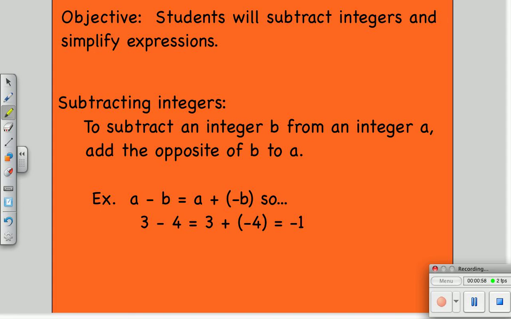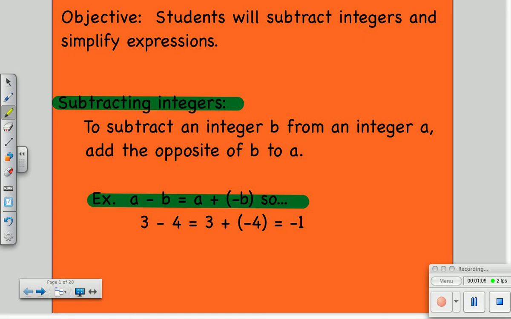So what I want you to write here is subtracting integers. I would like you to write the examples. So these examples show you using letters as well as numbers. So a minus b is the same as a plus negative b.